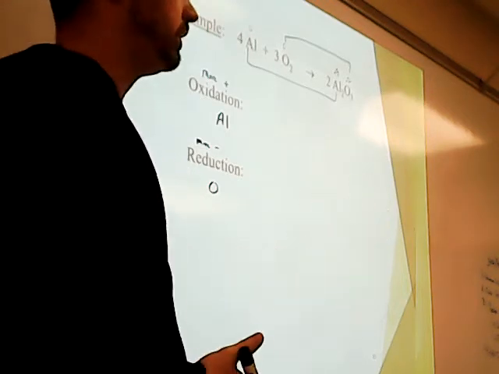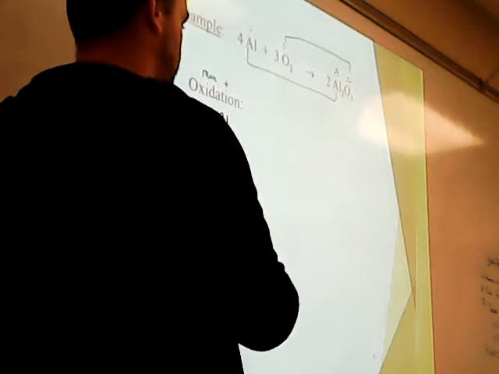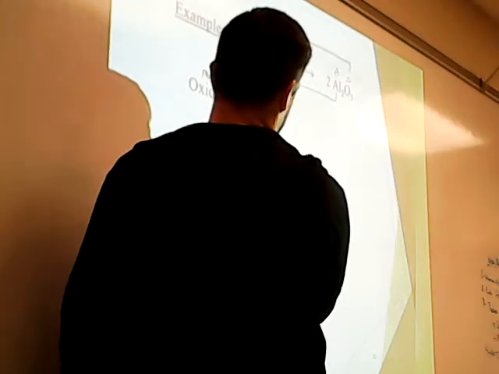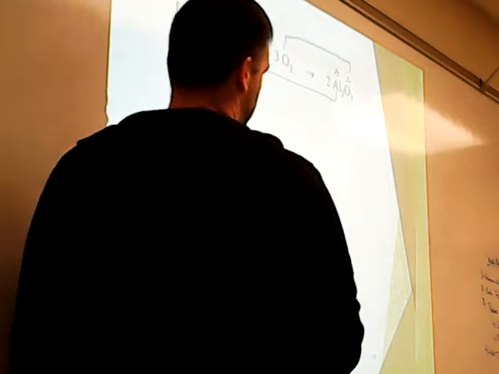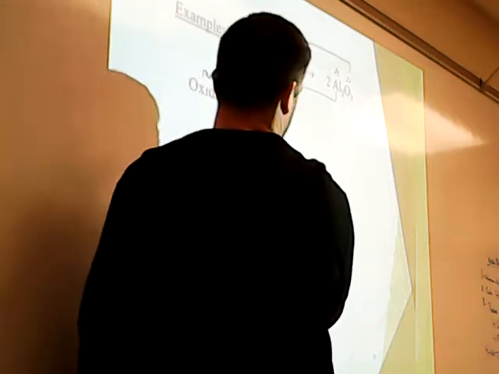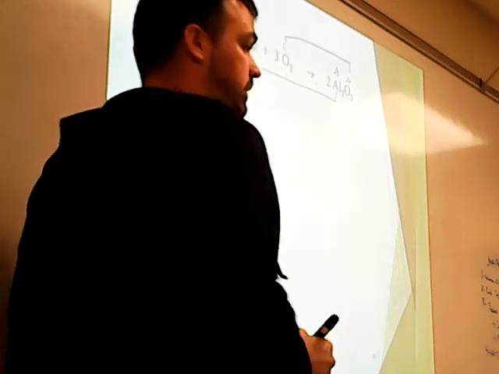Now let's go back and do the half reactions. Start with reduction if you want to. Oxygen's being reduced. It starts as O2, at 0, plus how many electrons?